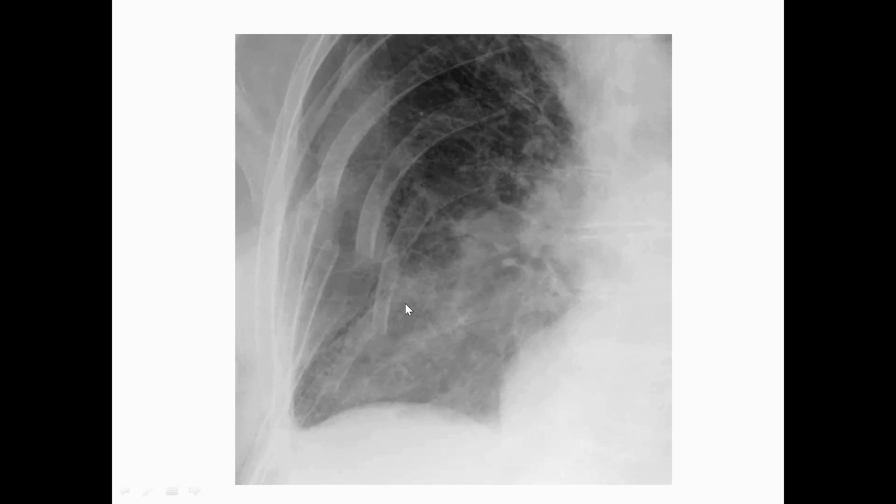If you see, it's a heterogeneous, less dense opacity in the right lower zone, which did not obliterate the right cardiac border and even the right diaphragm. And there's a small right pleural effusion because of the blunting of the right costophrenic angle, yeah?